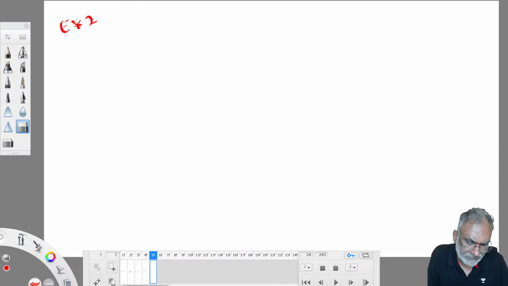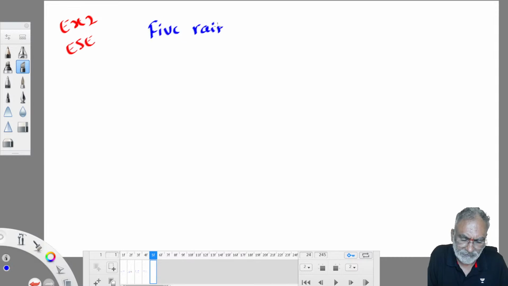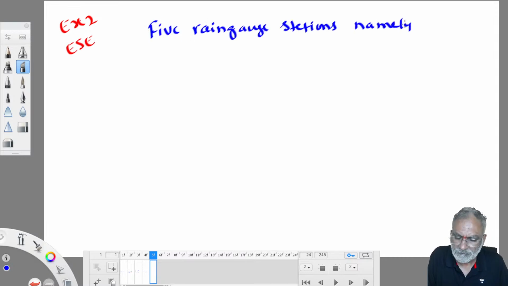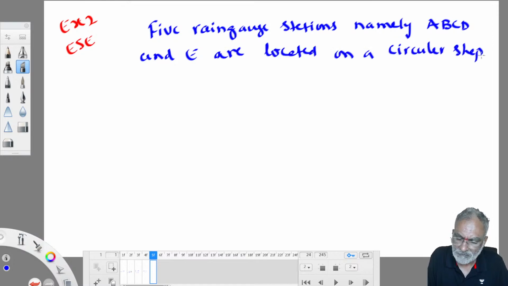Example 2. A, B, C, D and E are located of diameter.